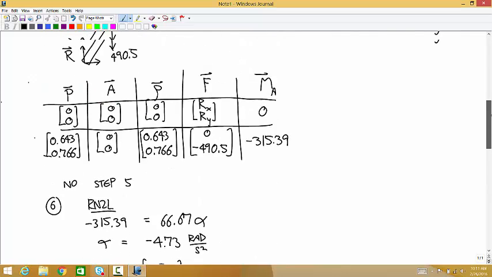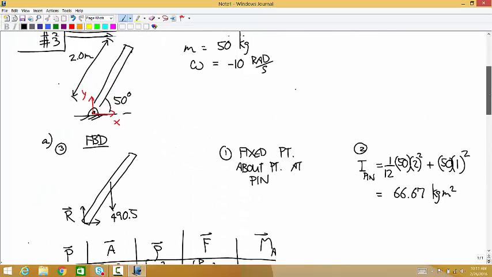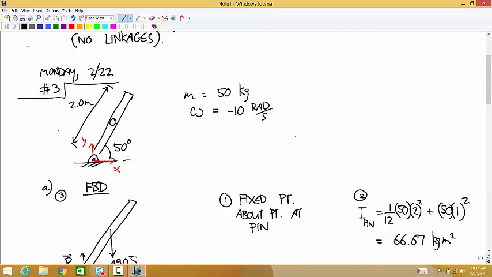The circular motion we're talking about here, if this is the center of mass, is the circular path of that point around the pin.